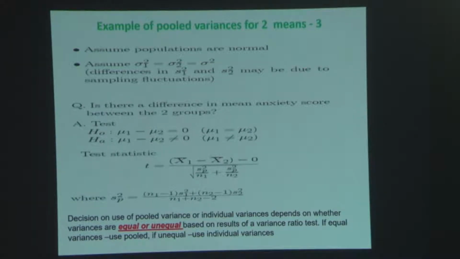So the question usually is whether two categorical groups differ by a continuous variable. Take the example, this question: is there a difference in the mean anxiety score between the two groups? So this is mu1, the mean anxiety score for group 1, and mu2, the mean anxiety score for group 2.